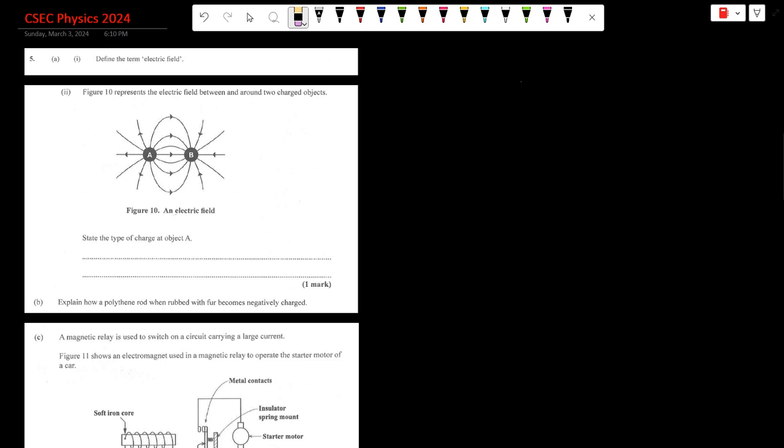The first part of the question, 5 part A1, says define the term electric field. Now, what is an electric field?